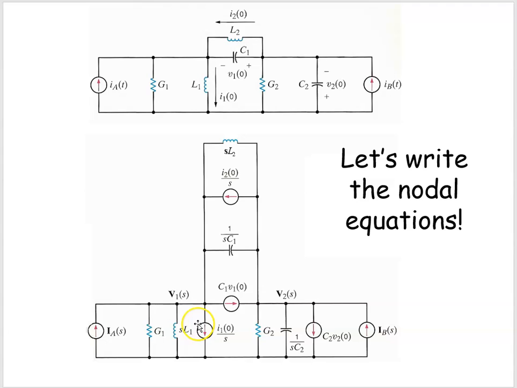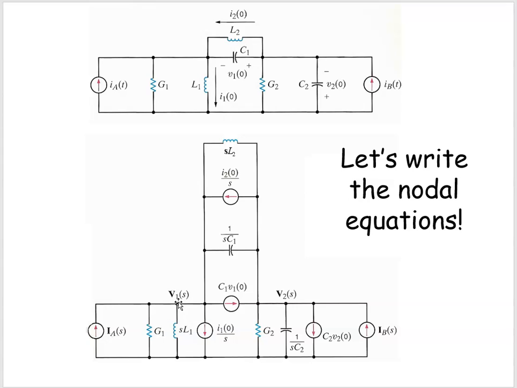Then we can go through and model each of these. Notice also that this is represented as an impedance, our 1 over SC1, that's the impedance of this capacitor, and SL2, that's the impedance of the inductor. But we say this is G, because when we write our nodal equations, we want to find all the currents.